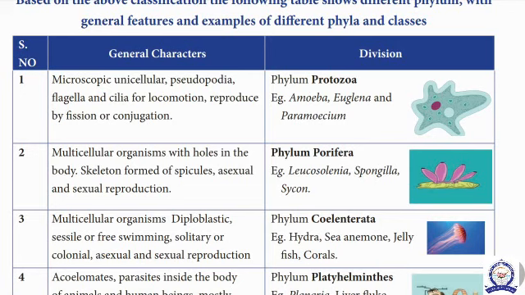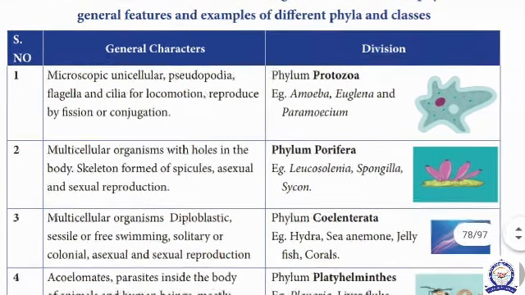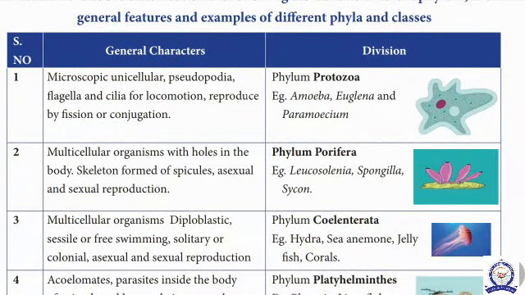Pseudopodia are leg-like projections on the outer surface of the body used for locomotion. Flagella are used in euglena. Cilia are used in paramecium. Then they can reproduce by fission or conjugation.